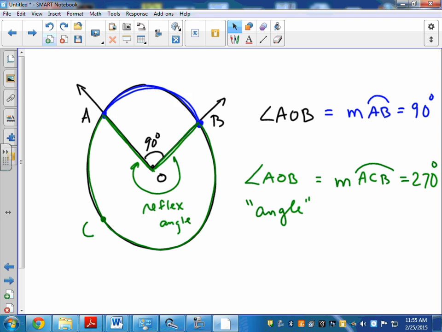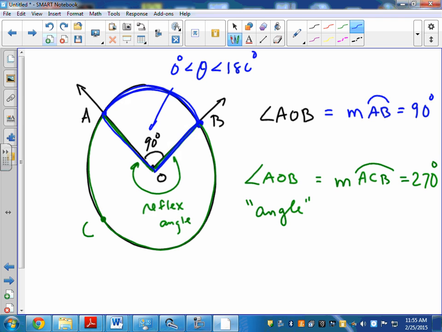Okay, so the definition on the bottom of page 498 says the degree measure of an arc is the measure of its central angle. If it's a minor arc, you're going to be dealing with the regular angle that we're talking about, 90 degrees or whatever, some number between 0 and 180 degrees. That's the way we define our angles.